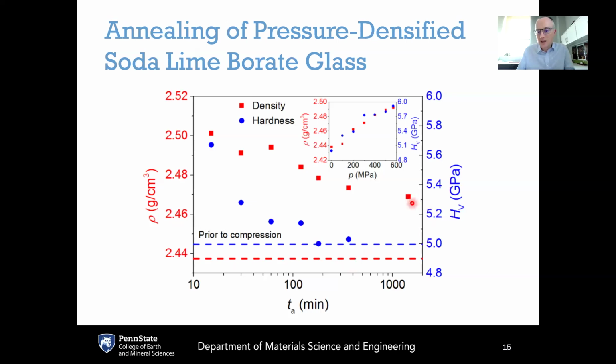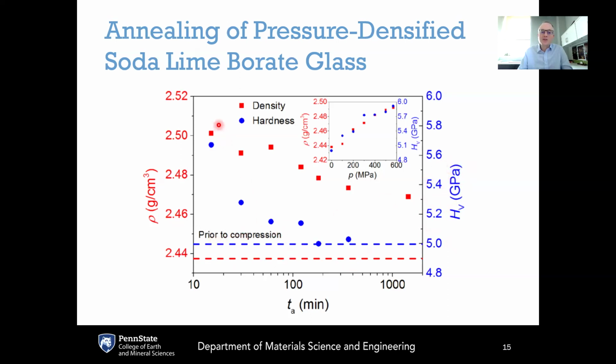We don't quite see that, though, with these experiments because either not enough time was given for the annealing, or there are some complicated interactions between both the thermal history of this glass as well as the pressure history of this glass. On the other hand, with hardness, the blue axis here shows the Vickers hardness prior to compression.